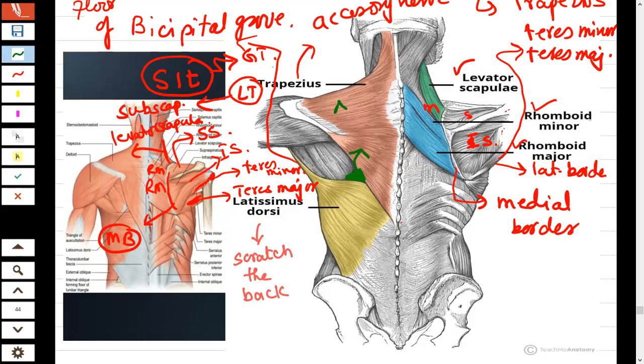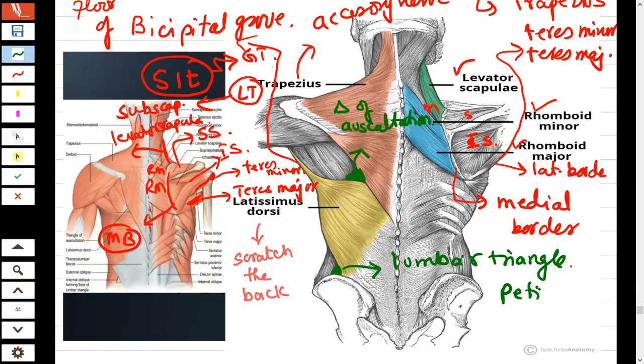This is known as triangle of auscultation. One triangle. Second, this triangle. This one is known as lumbar triangle.